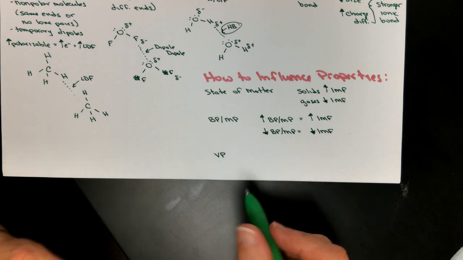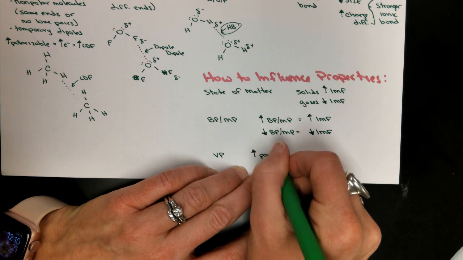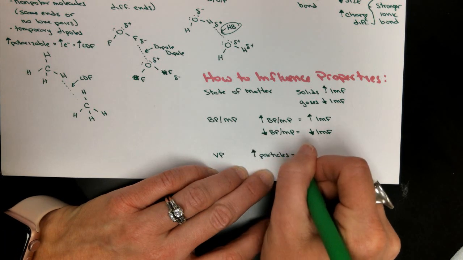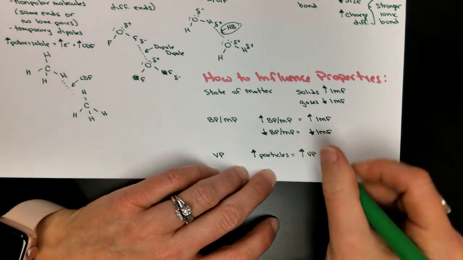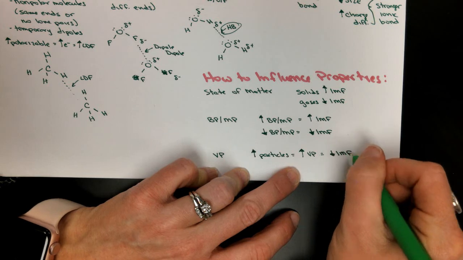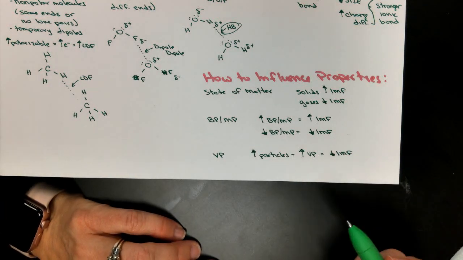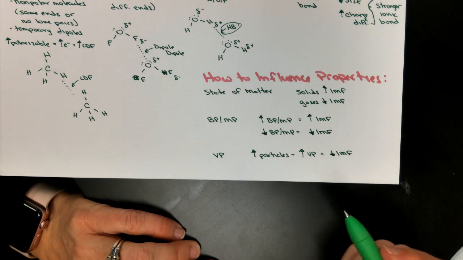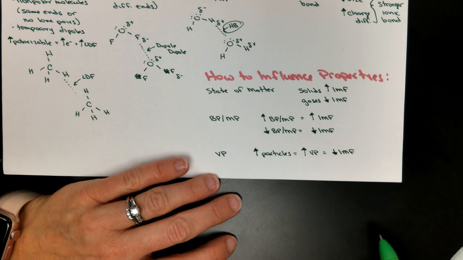So the more particles there are means that we have more vapor pressure. And the reason why we have more vapor pressure is because we had actually a really weak IMF. And the IMF couldn't hold those other molecules in the liquid state of matter as easily, and it lets them escape into gas form.